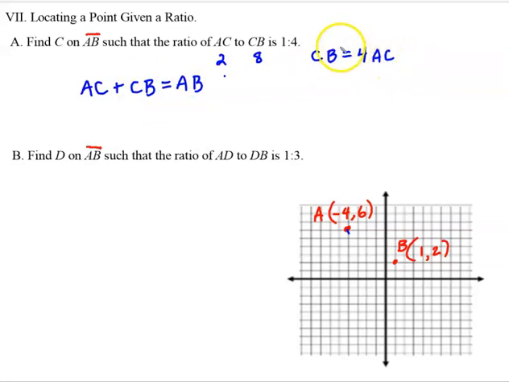So substitution says if these are the same, I can replace CB in this equation with 4AC. And now I can combine like terms.